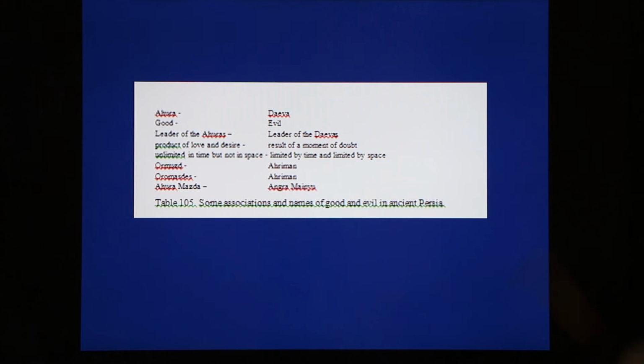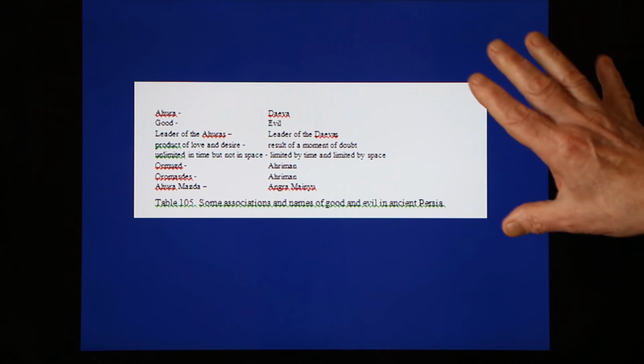So in this version, in the Persian, you are already moving towards the complementary, starting towards a binary where they're fighting each other.